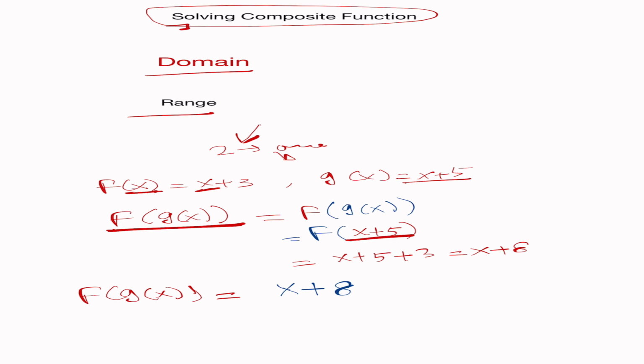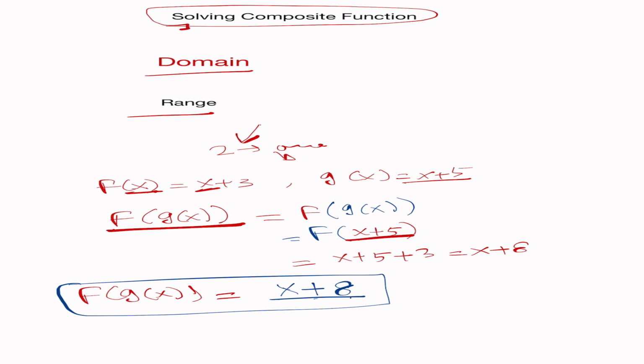Now we have the function, so we have to find the domain and range of this function. What's the domain of this function? x is all the real numbers. And how about the range?